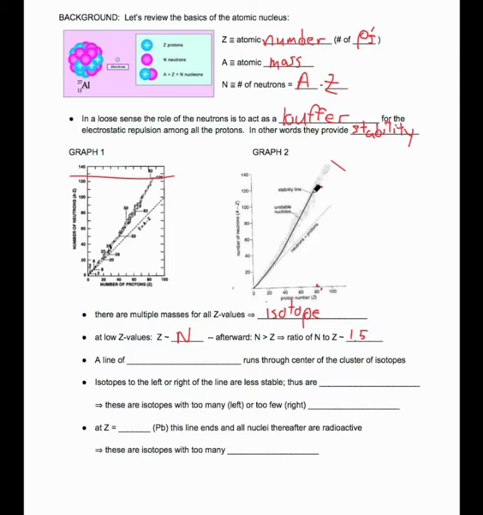All right, so these are isotopes within this island of isotopes that's surrounding the dark gray on your paper, of stable isotopes. Okay? And anything that's off that line is going to be unstable, or as we say, radioactive. And we'll look at later, isotopes to the left or right of the line are less stable, thus are radioactive.